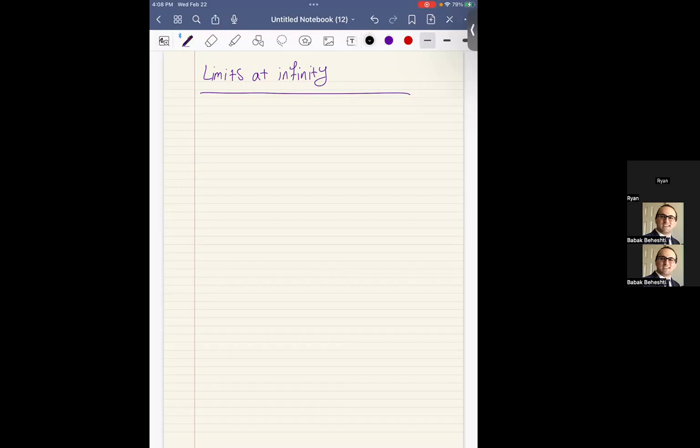One of the most important examples is this one. f of x is 1 over x. And I can draw the graph of this function.